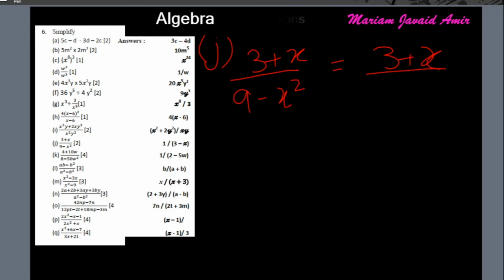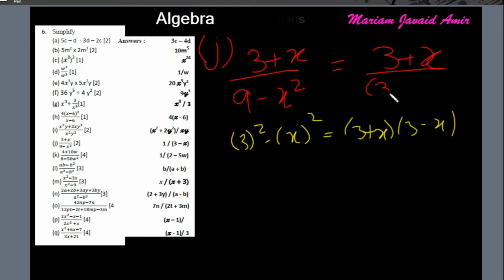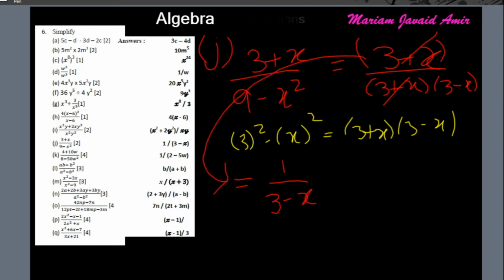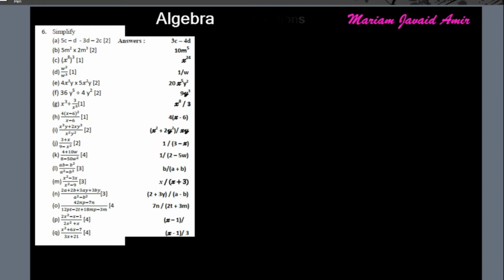The denominator can be factorized if we use a square minus b square, which gives a plus b and a minus b. So I'll change the expanded form to its factorized form, and then this and this will get cancelled, and we'll be left with 1 over 3 minus x from here.